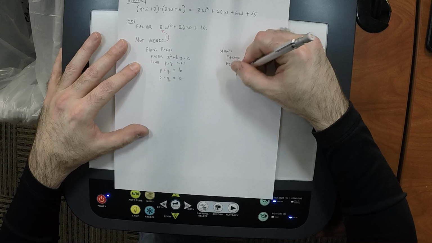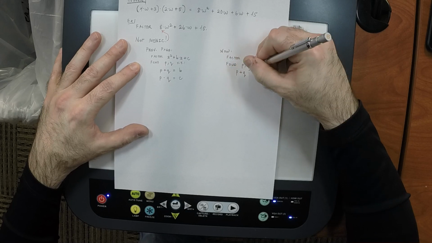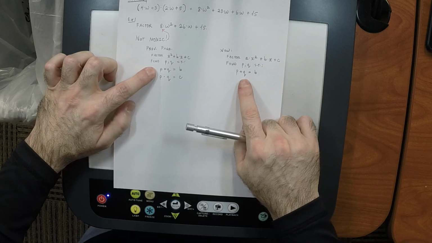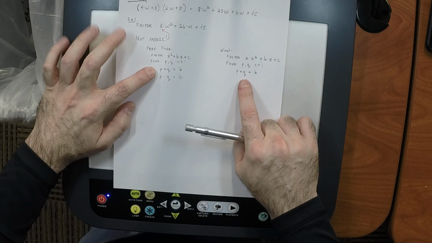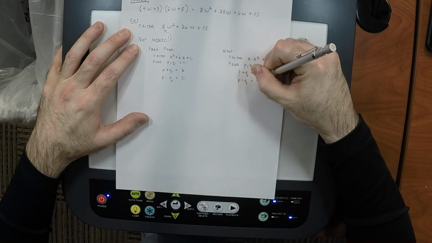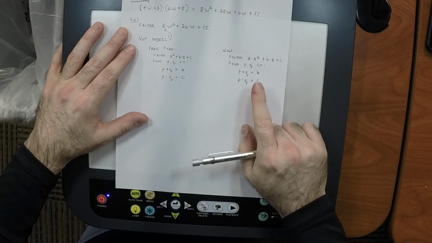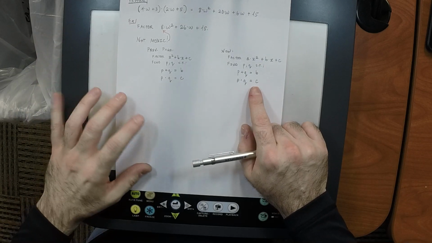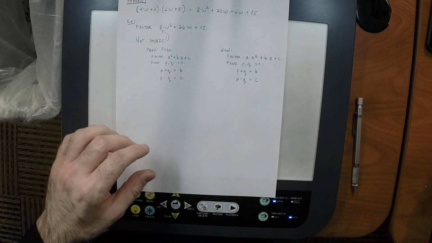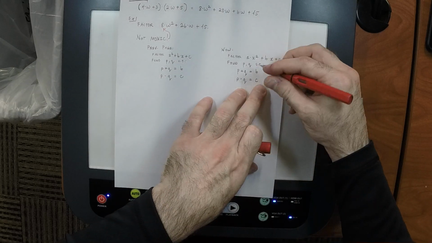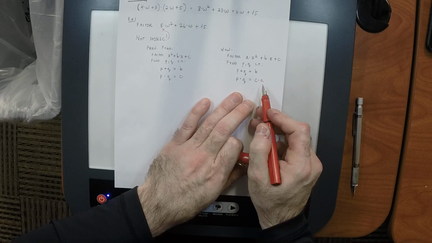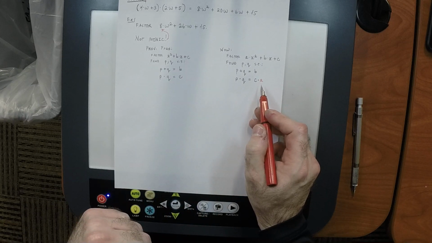The first condition is the same: p plus q is b. The second condition is that p multiplied by q is c. And if I stop there, they'd be exactly the same. So far there's no difference. The difference is right here that I'll write in red: c multiplied by a. That one little difference.